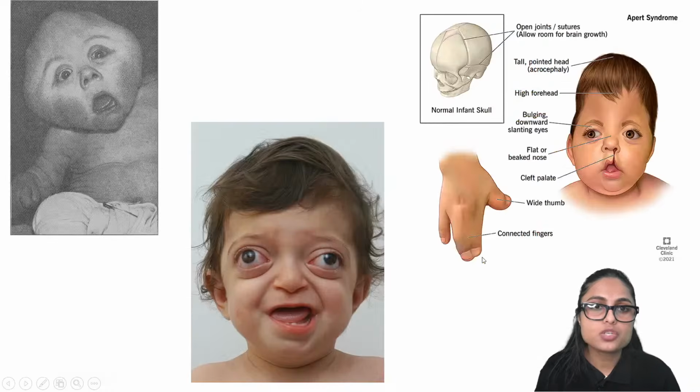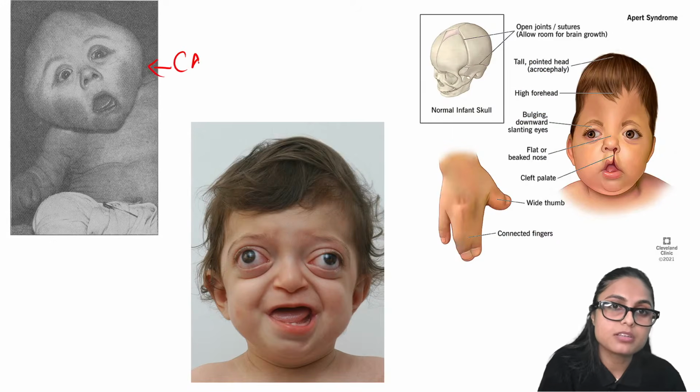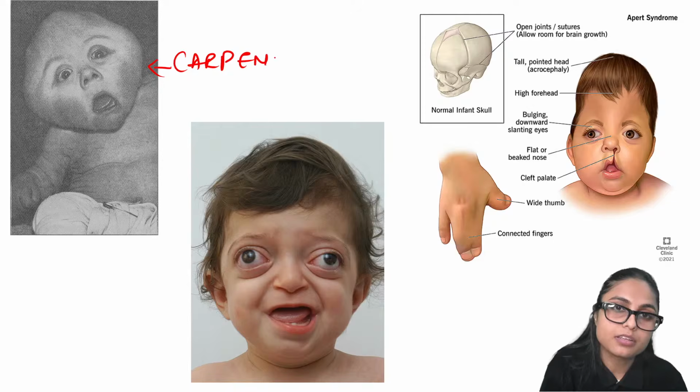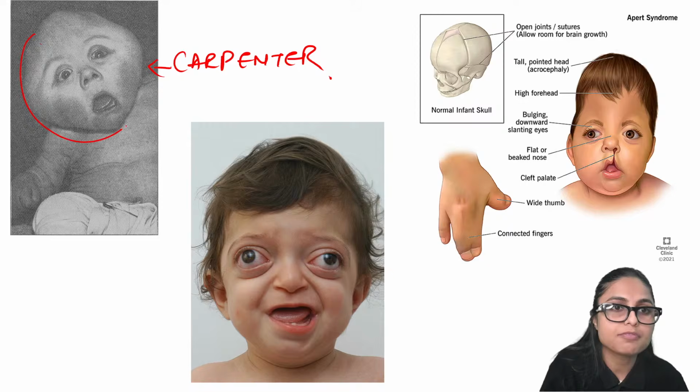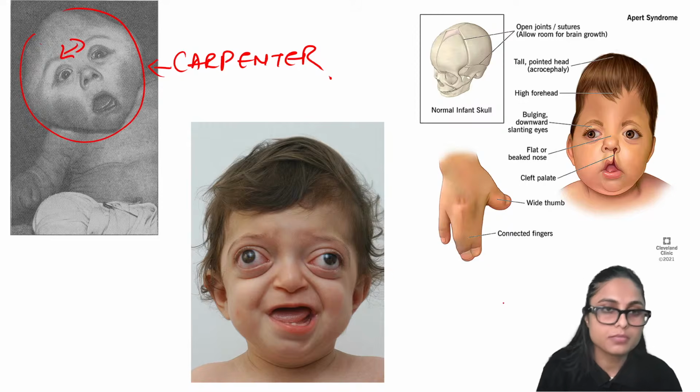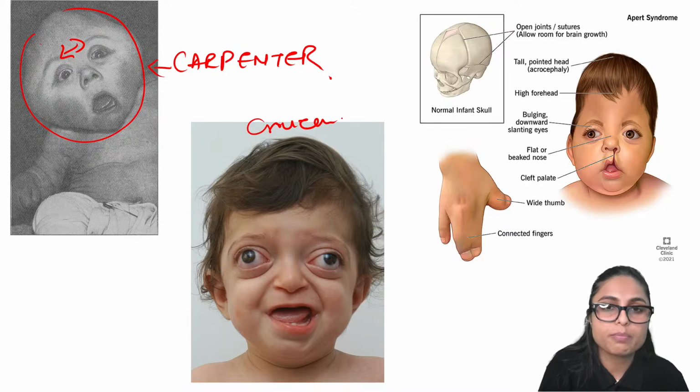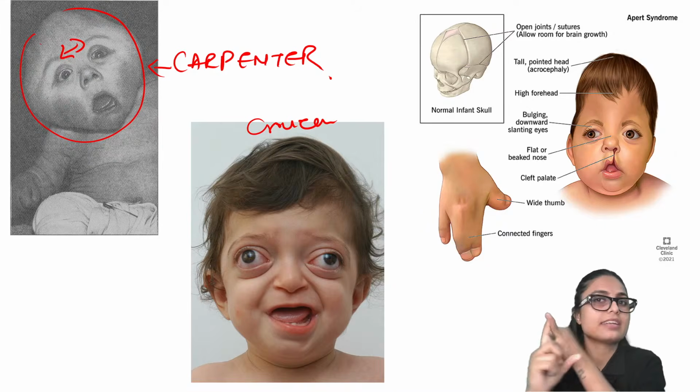If I show you the pictures of these syndromes, this is Carpenter syndrome. In Carpenter you have a flat face with hypertelorism. Crouzon syndrome has absence of polydactyly and syndactyly.